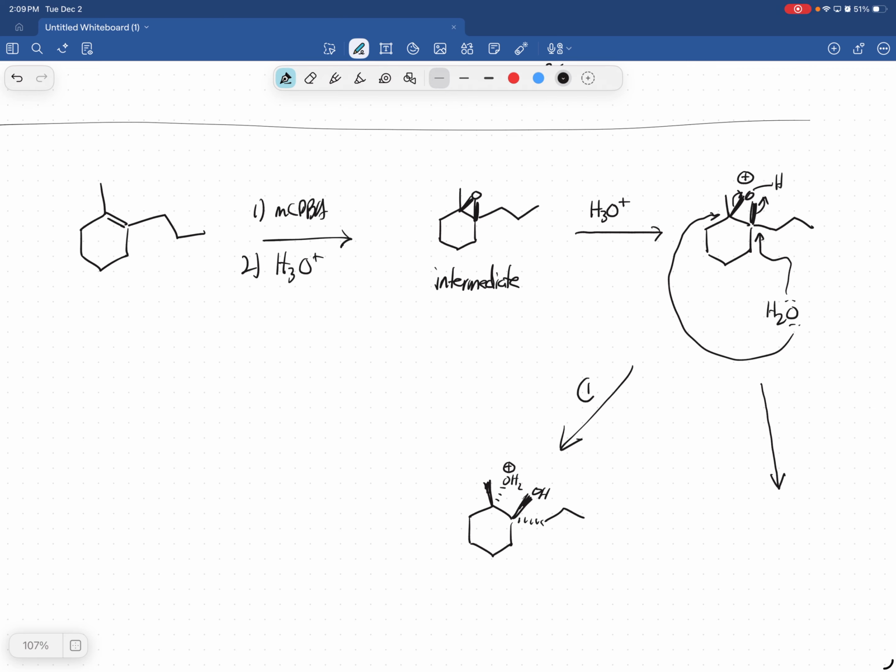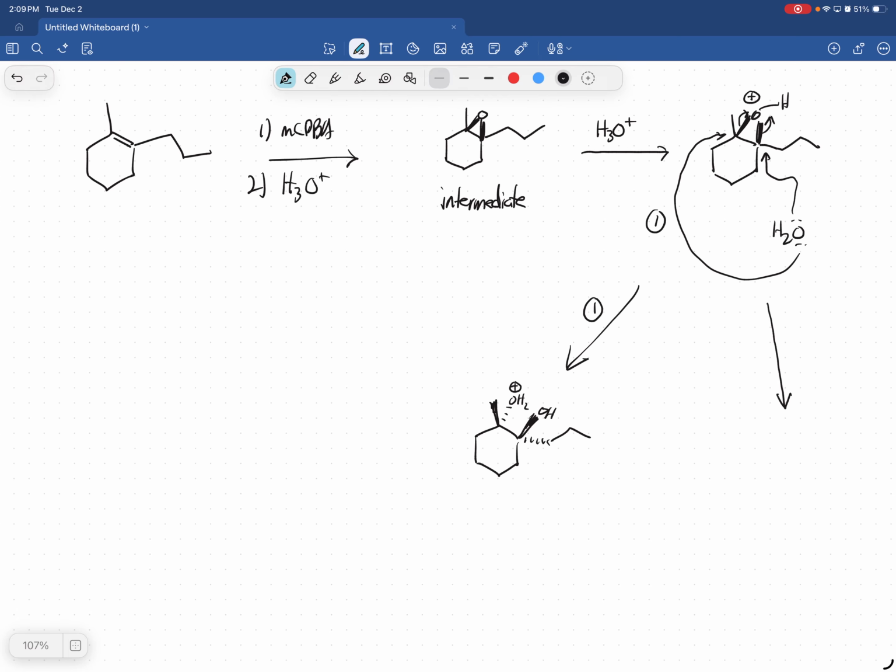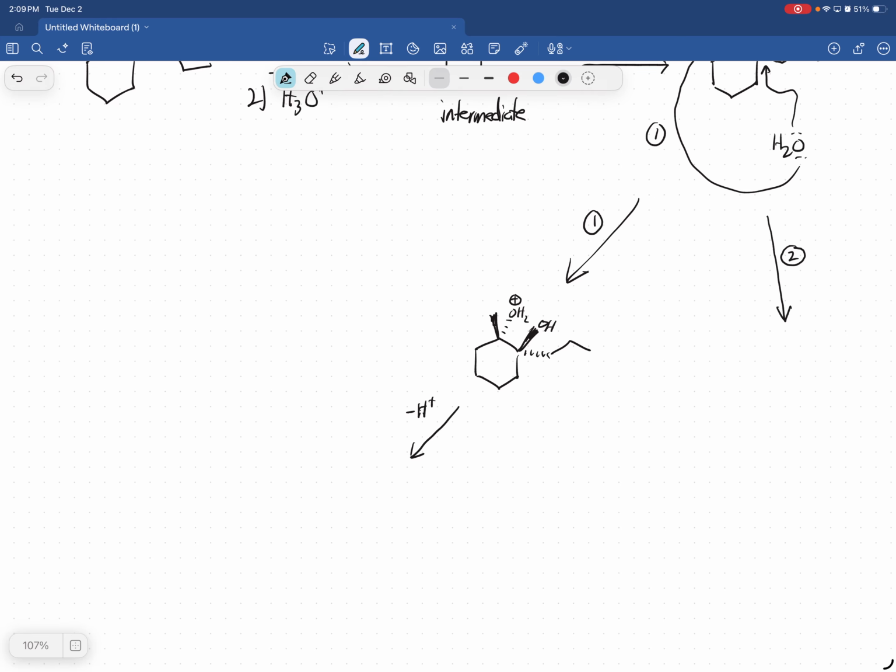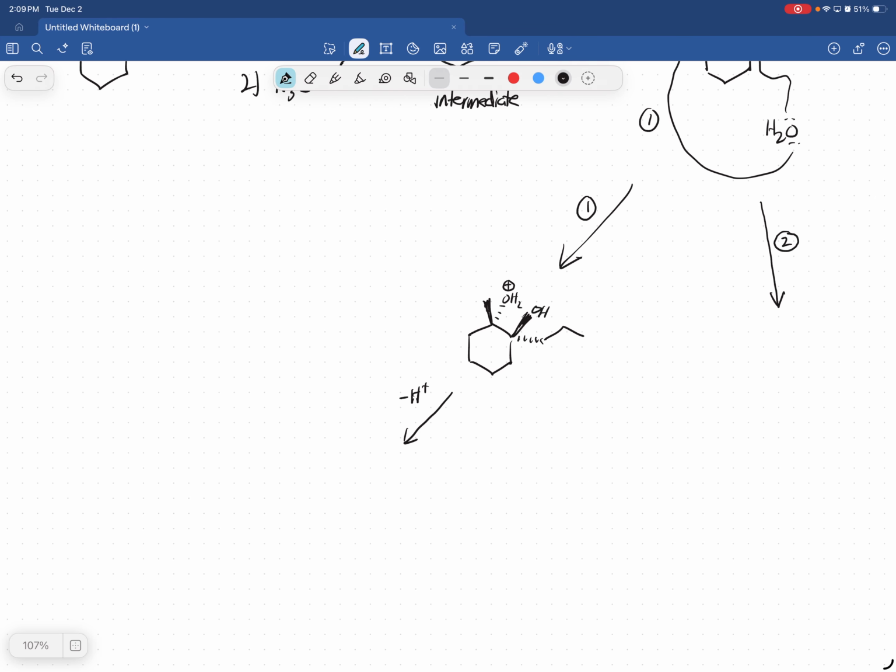So let's just do pathway 1 here. So pathway 1 is attacking on this side. So I changed the stereochemistry. That's why it's dashed there. And then on this side, number 2, what's the only difference here? So let's continue with this one. We're going to deprotonate.